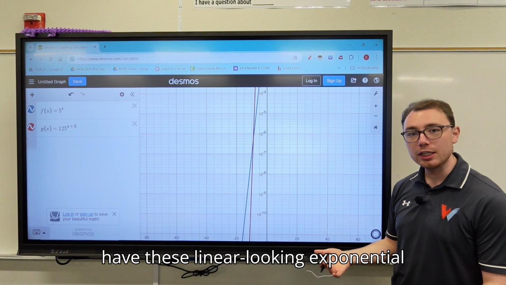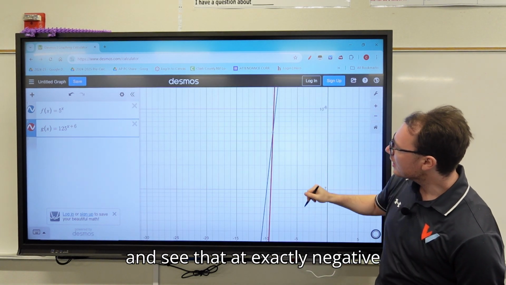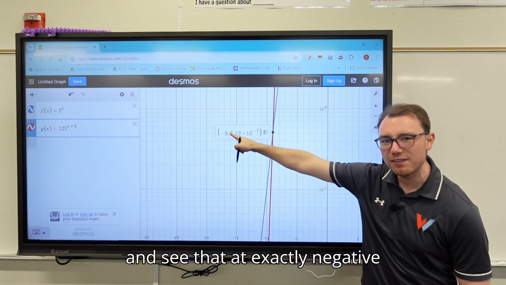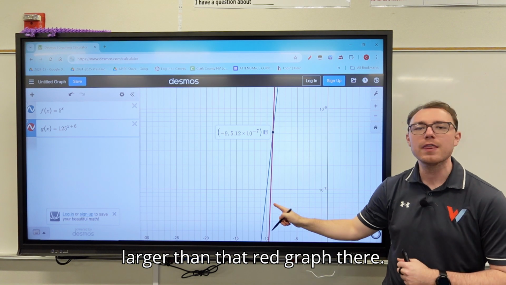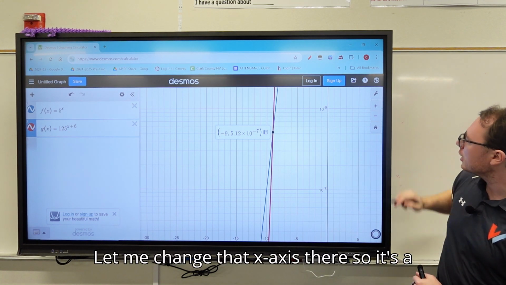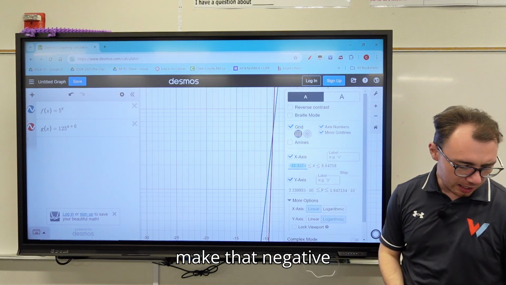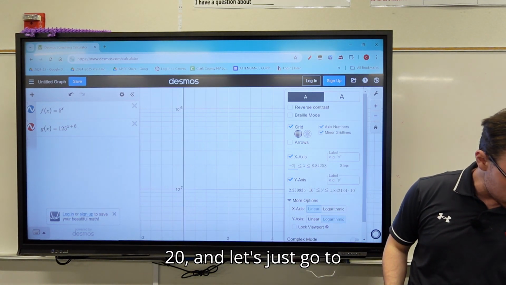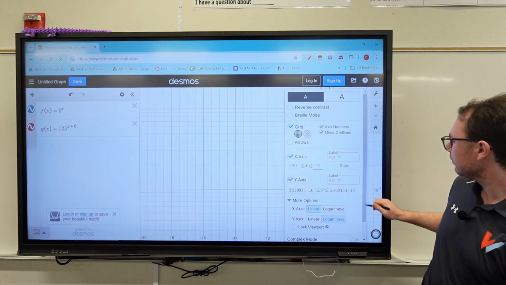When we have these linear-looking exponential functions, it's easier for us to zoom in and see that at exactly -9, the blue graph is now larger than the red graph. Let me change the x-axis so it's a little easier to see. Let's make that -20, and let's just go to -5.